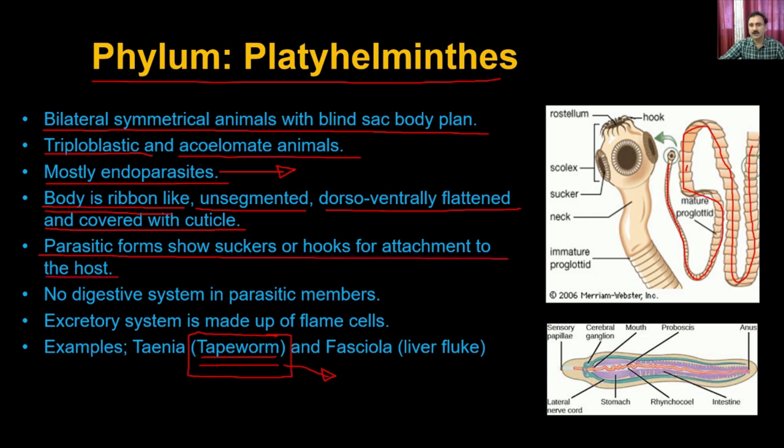The suckers are used to suck nutrition from the host, whereas the hooks, on the mouth part, are used to hook onto the body wall of that animal. Mostly these worms are present in the intestine, the human or vertebrate intestine.